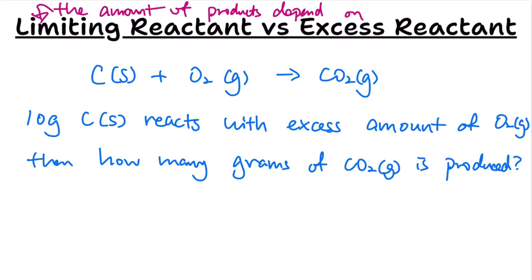For this question, I will have to do the conversion between the mass of the carbon to number of moles of the carbon to number of moles of the carbon dioxide and the mass of the carbon dioxide.